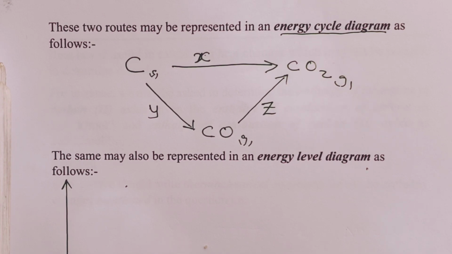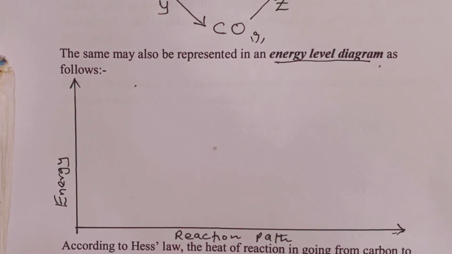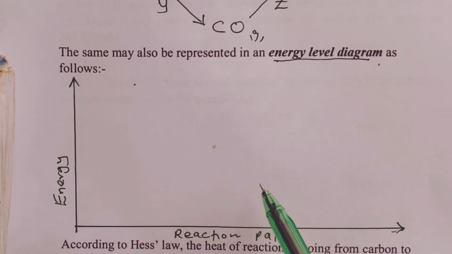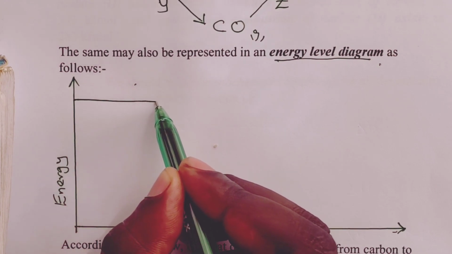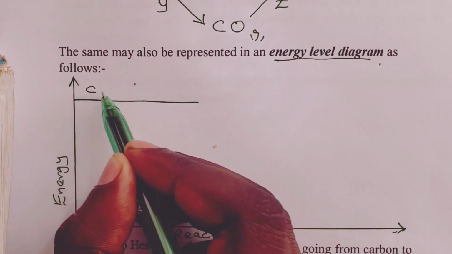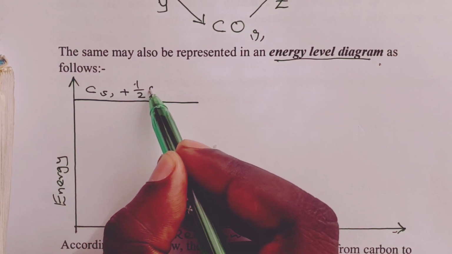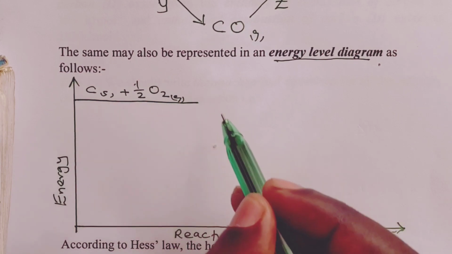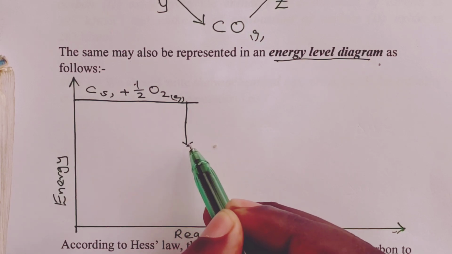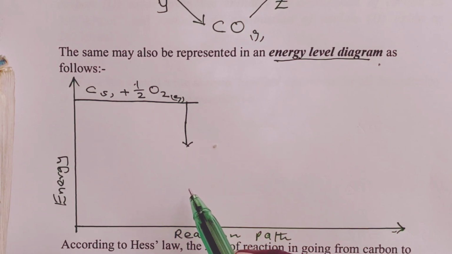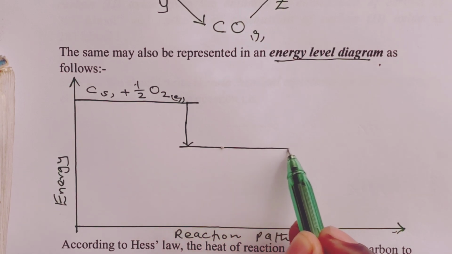Let's now look at the energy level diagram. For the energy level diagram, we shall assume that we begin with carbon being burnt in limited oxygen, and we've agreed we shall balance with a half oxygen to produce carbon 2 oxide. This reaction normally produces heat, so it is exothermic, and the delta H is negative.